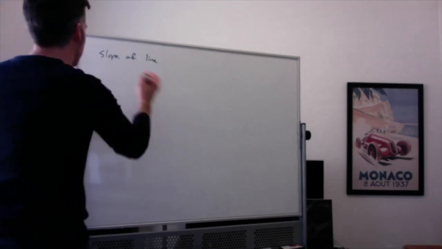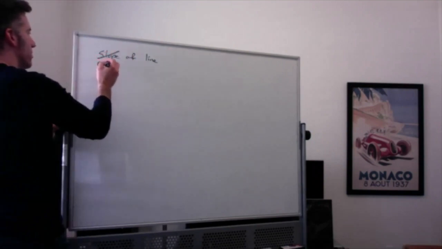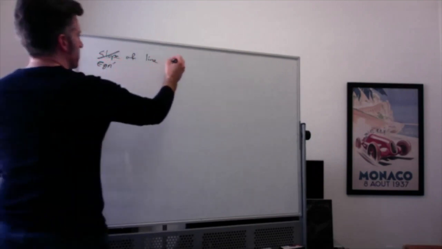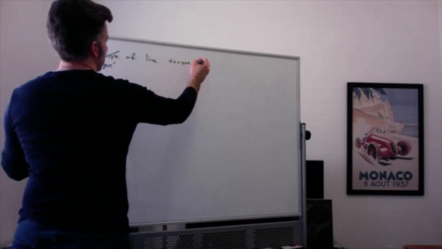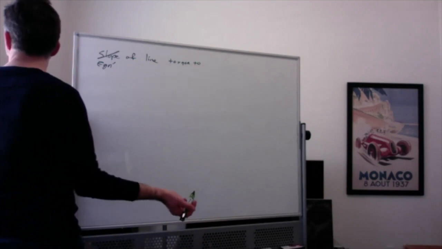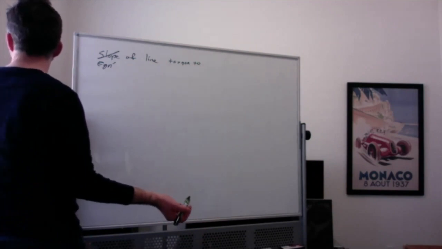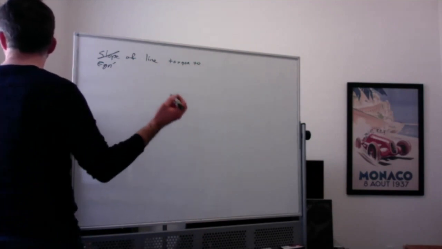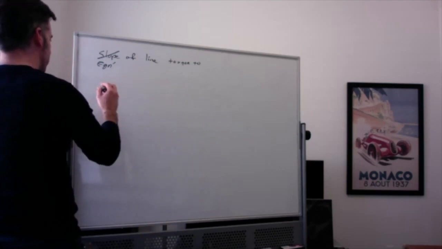The equation of the line tangent to, what do I want to pick here? I want to pick something fun, but not really that fun, so let's just make it easy.